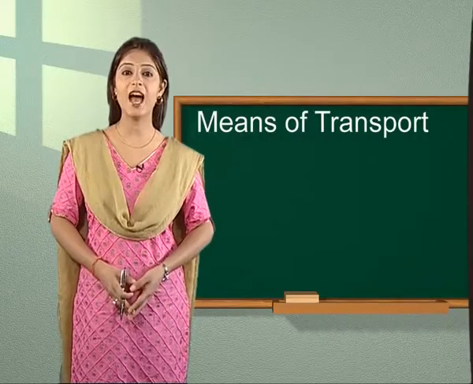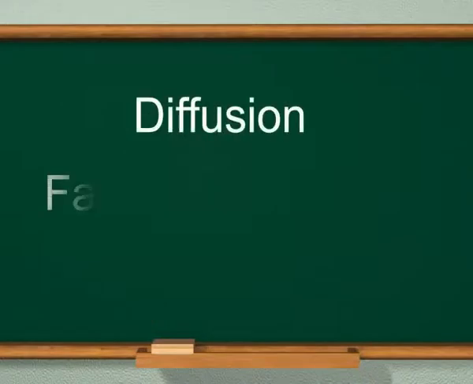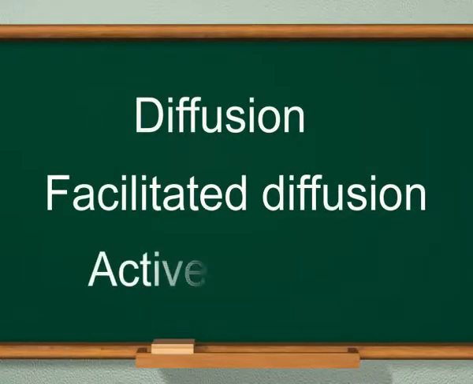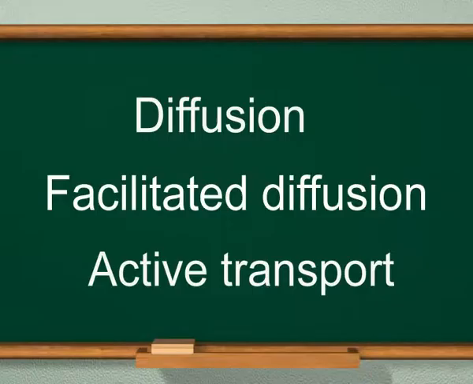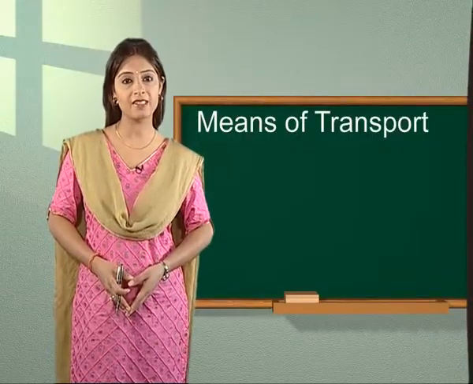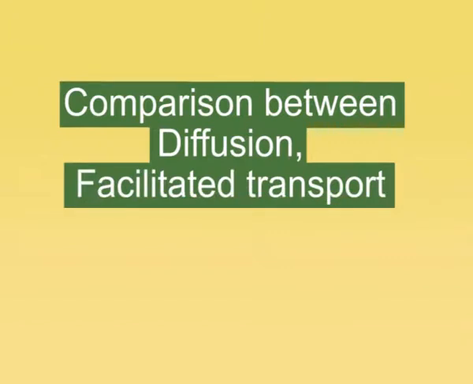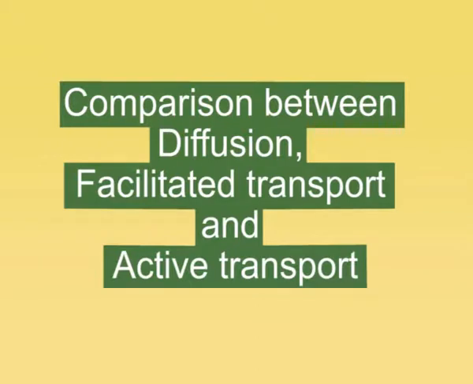So till now we have discussed three main processes: diffusion, facilitated diffusion and active transport. Before concluding this topic, let us do a small comparison of these three processes. Comparison between diffusion, facilitated transport and active transport.